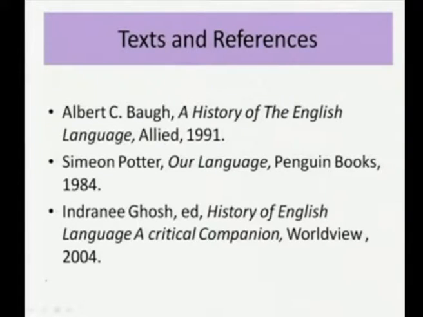The first text, and I am sure many of you are acquainted with the name, is Professor Alfred Baugh's book, The History of the English Language, which has by now been through several editions. Simeon Potter's beautifully written Our Language, published by Penguin Books, and I have also included a volume edited by Indrani Ghosh entitled A History of English Language, a Critical Companion.